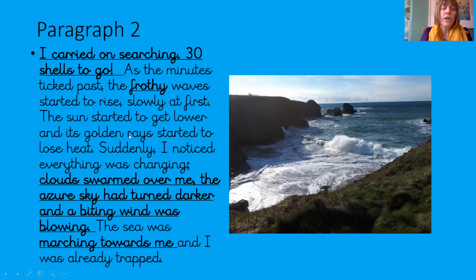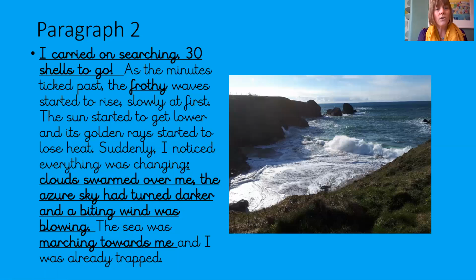And then moving on through the paragraph, we've got this use of a colon. So remember, a colon comes after a complete sentence. "So suddenly I noticed everything was changing." So that's very straightforward, isn't it? We know that the beach and the sea is changing.